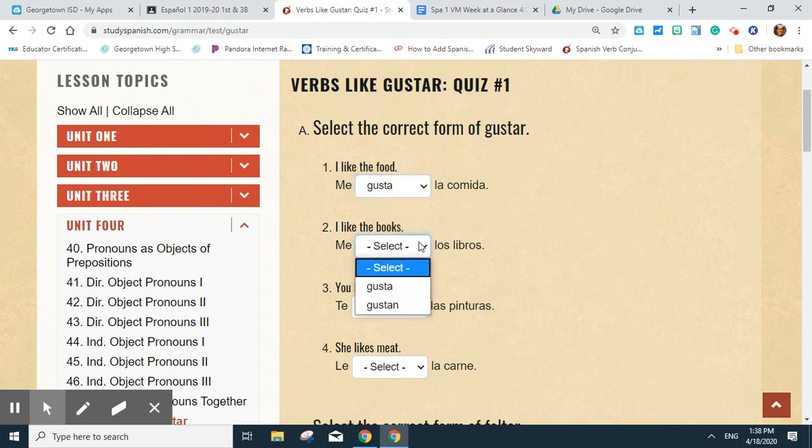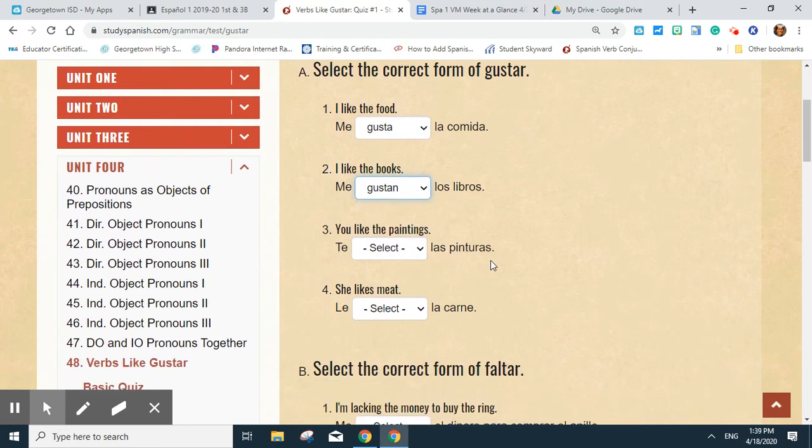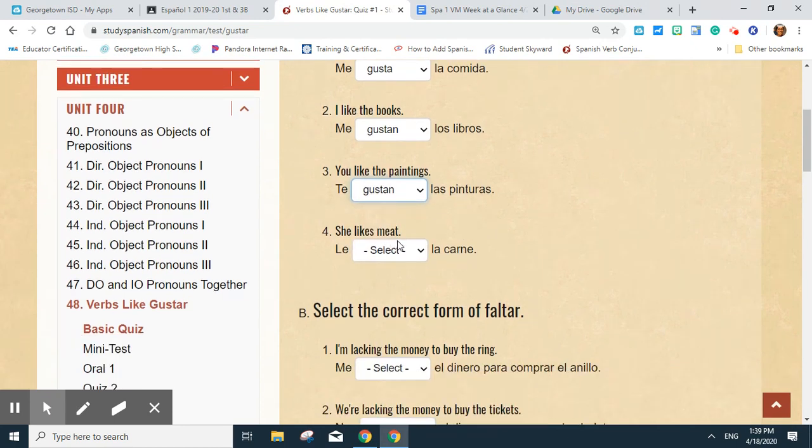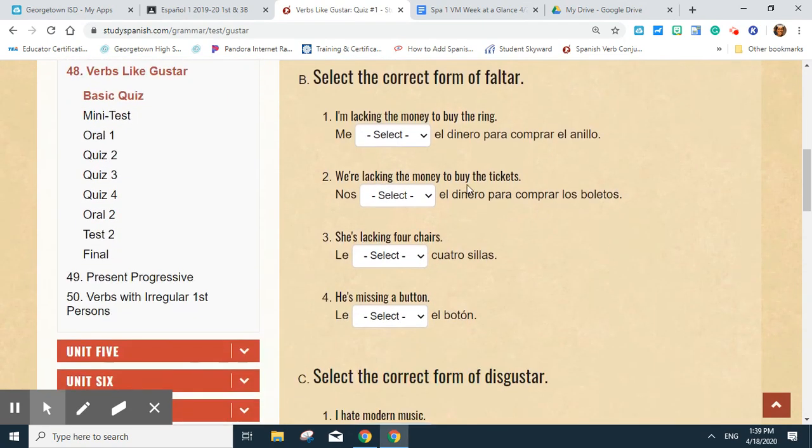It will be me gustan. Las pinturas. The paintings. You like the paintings. So, ¿te gusta o gustan? Gustan. It's plural. She likes meat. Le gusta o gustan? La carne. Carne, singular. Gusta.